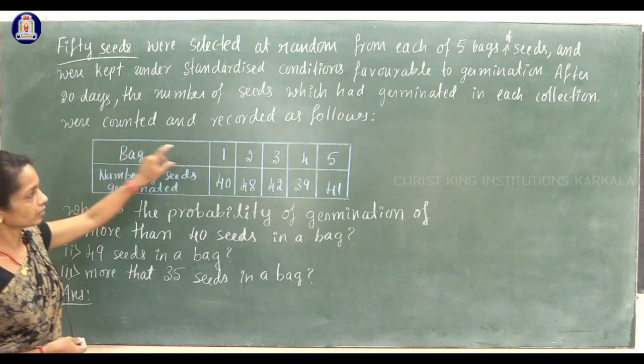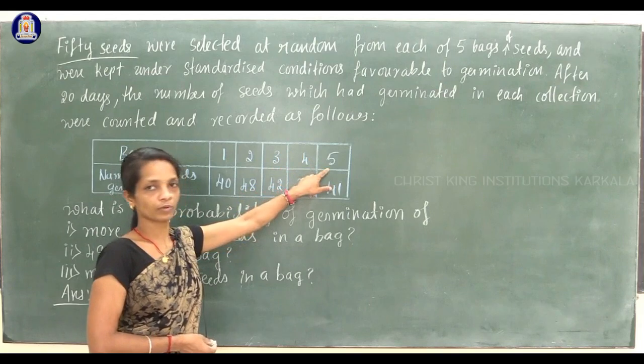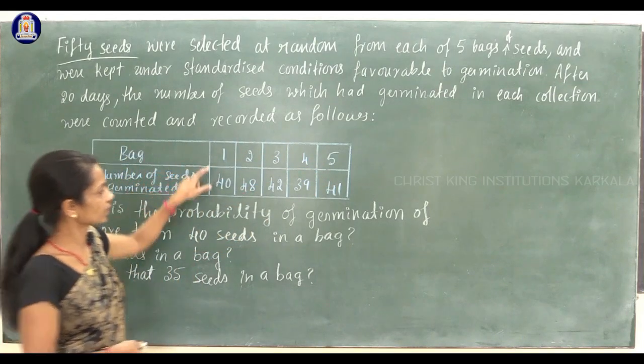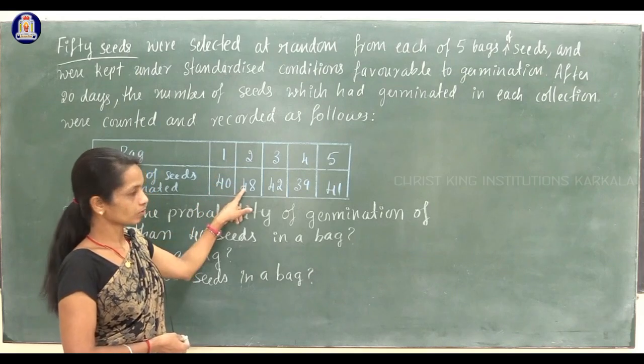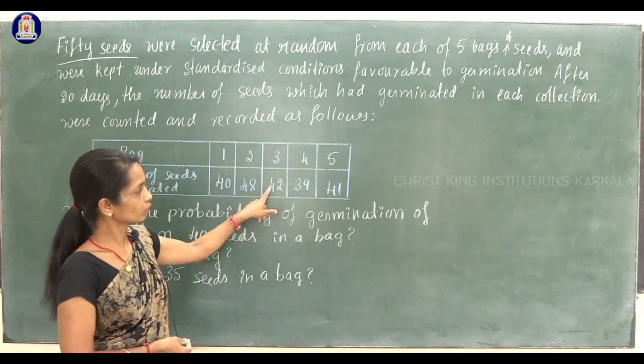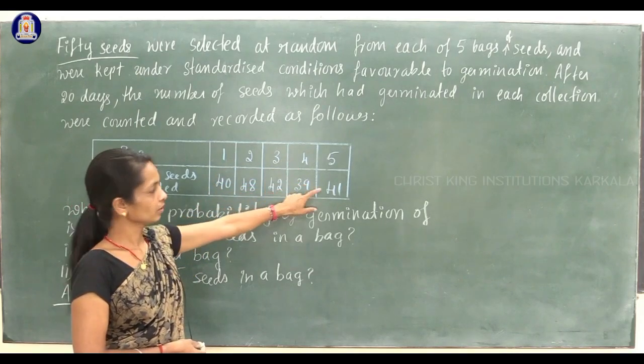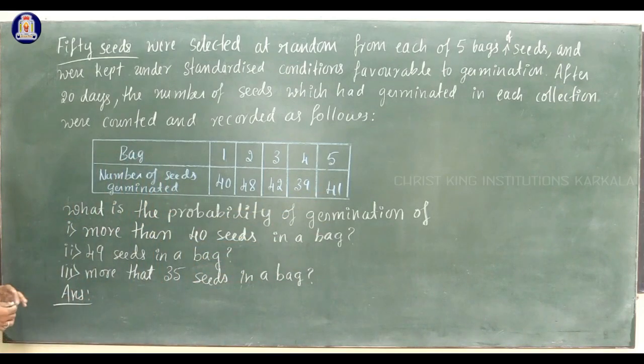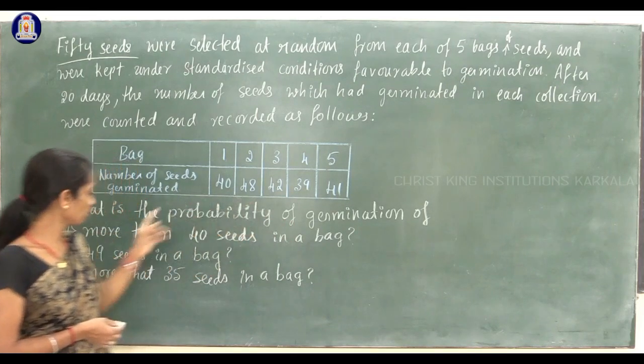There are 5 bags. The number of seeds germinated in the first bag is 40, second bag is 48, third bag is 42, fourth bag 39, and fifth bag 41 seeds are germinated.